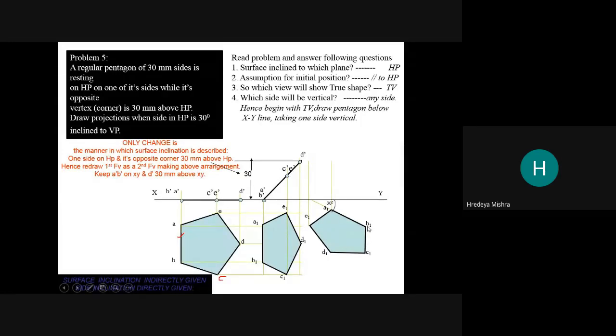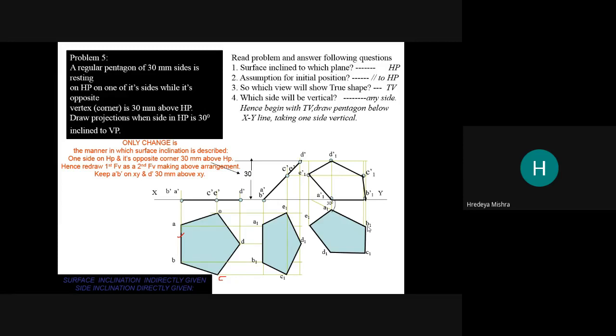And now we draw the projection and we get the final top view and front view. The important thing is that you have to assume properly, and all three steps are important.